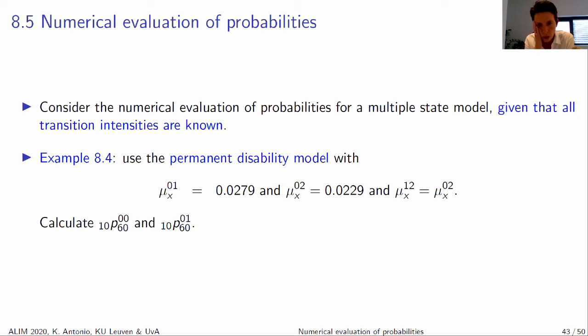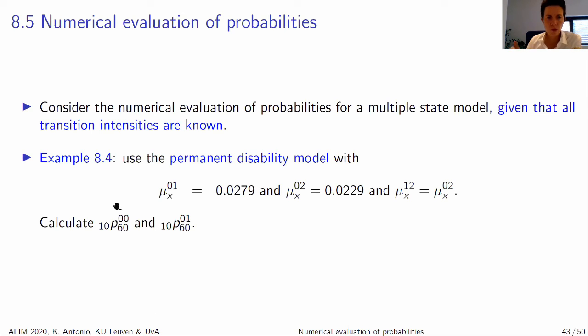You have the same force of mortality from the healthy state as from the disability state. That's the assumption over here. This is not very realistic, but it's a nice example to start with and to make sure that we understand how to calculate probabilities like the ones that you see here for this model.